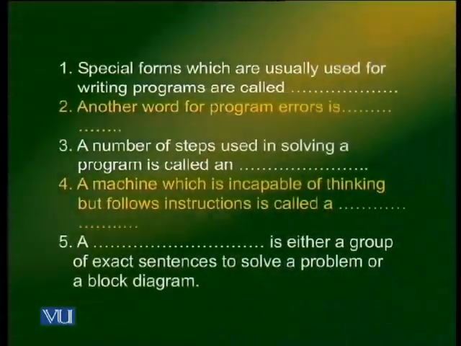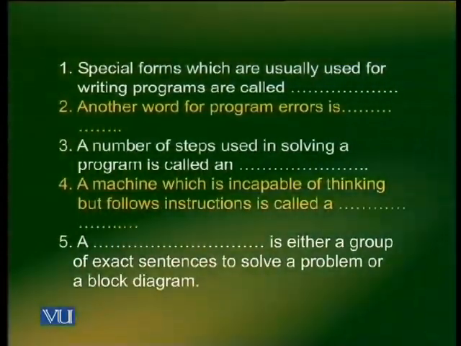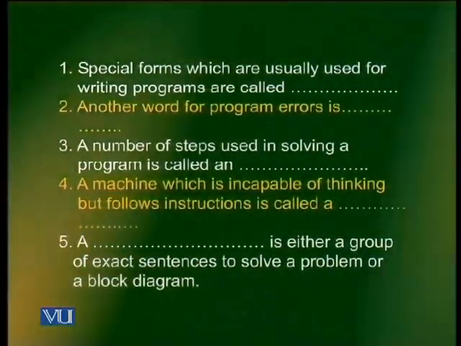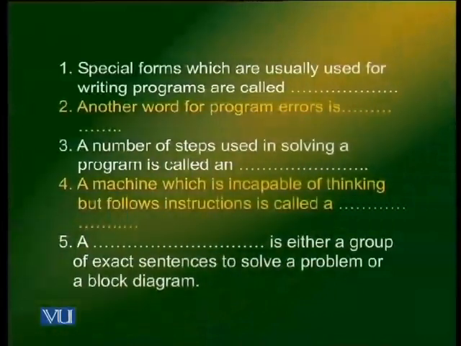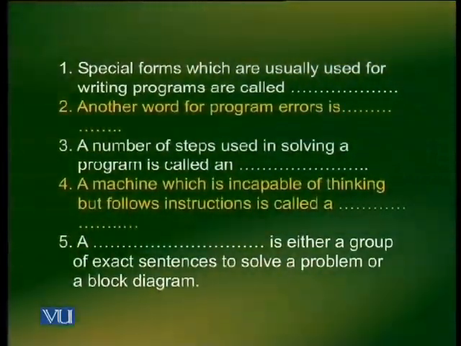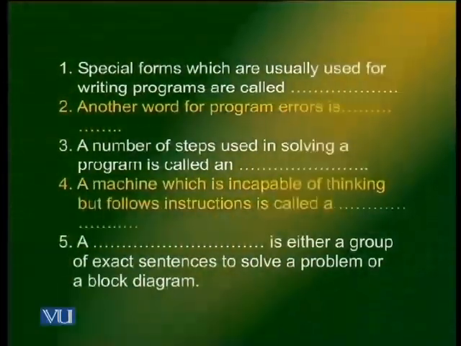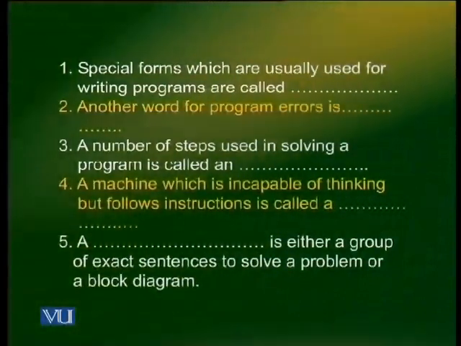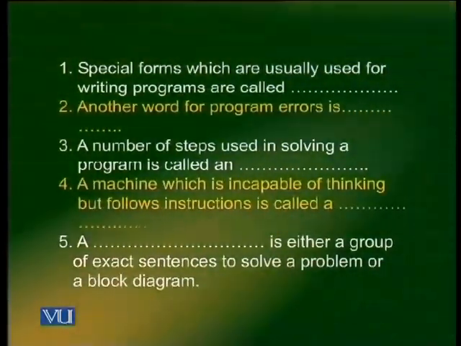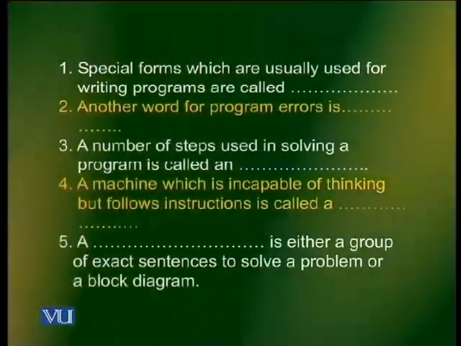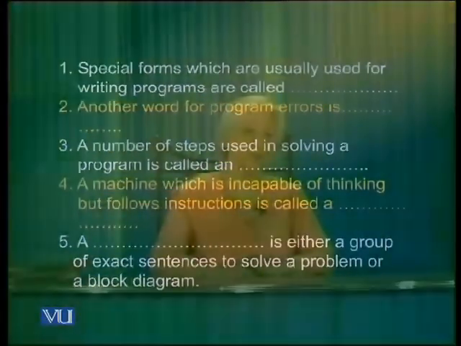Right? Not algorithms, but an algorithm. Number 4, a machine which is incapable of thinking but follows instructions is called a robot. Number 5, a flow chart is either a group of exact sentences to solve a problem or a block diagram, and we know it's a flow chart.